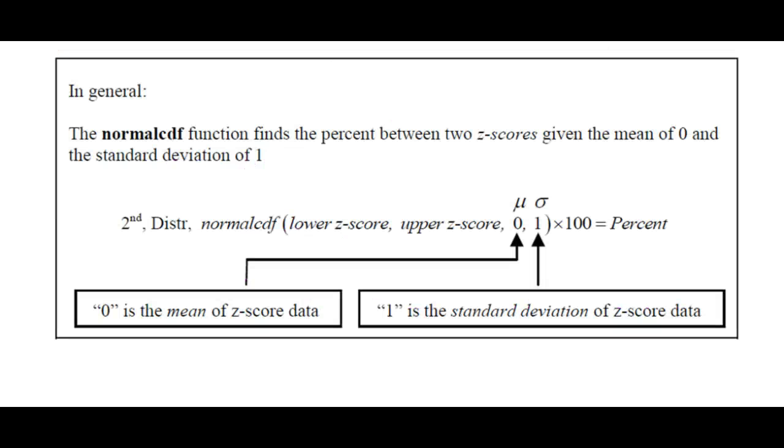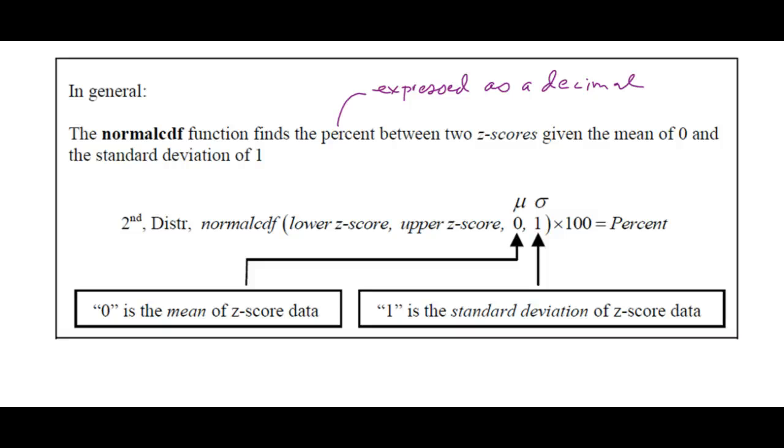Okay, in general, the normal CDF function finds the percent between two, expressed as a decimal, right? So it really finds a decimal, and then you can change that to a percent. Between two z-scores, given the mean of 0 and the standard deviation of 1. Okay, how do you get there?